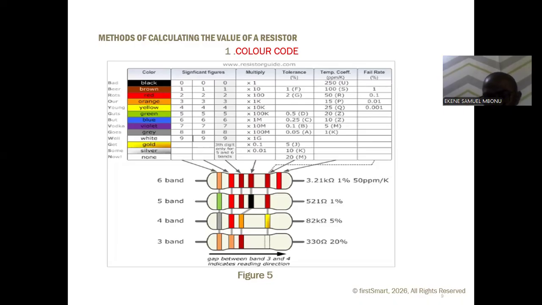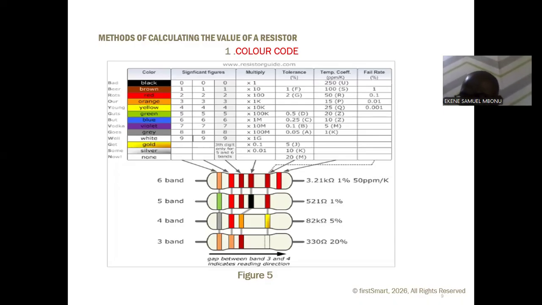Let me be sure. 82,000 divided by 100 times 5. I hope I'm correct. 4,100.